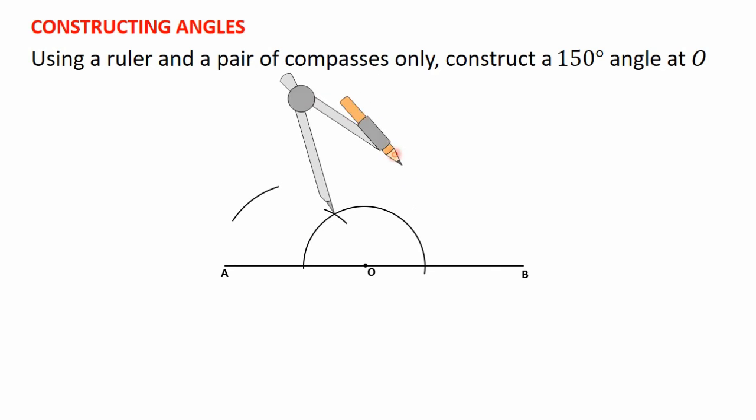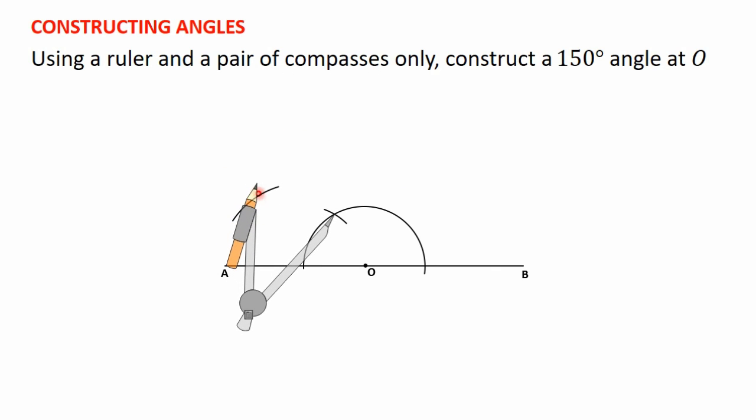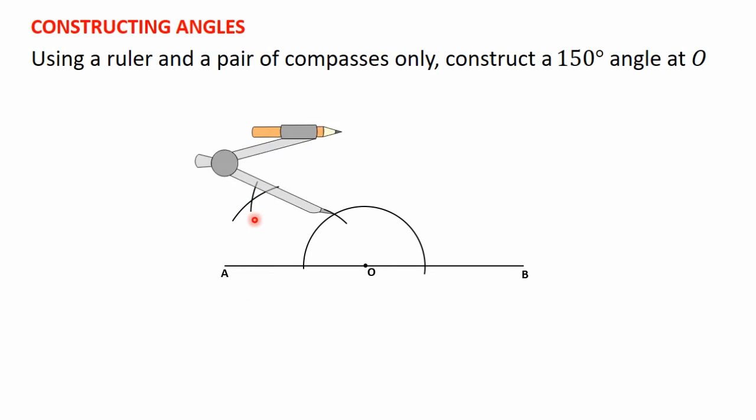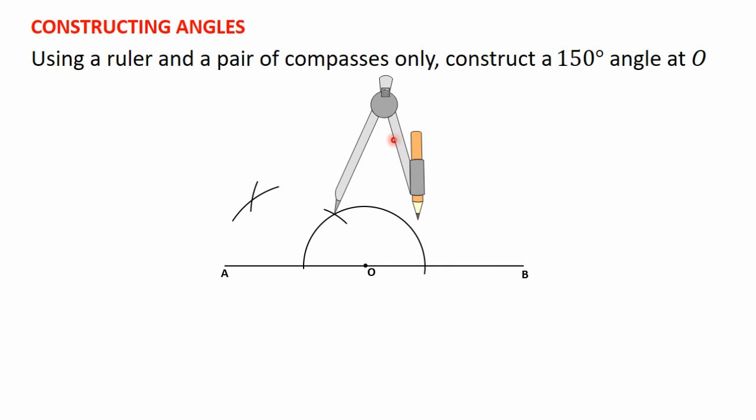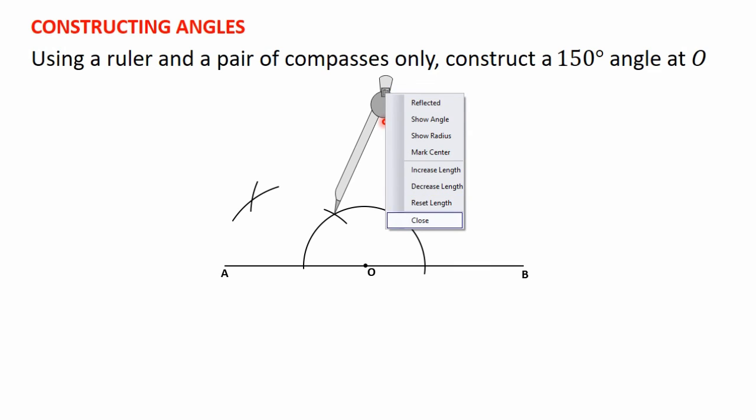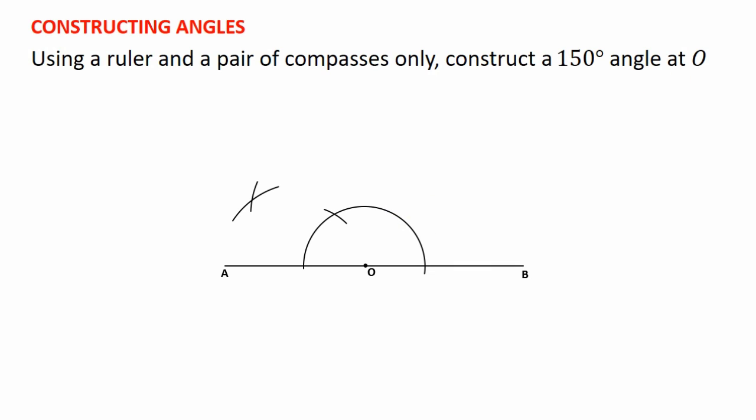Then you turn it and construct an arc to intersect the first arc that you constructed. We are done with the compass, so I'm going to take the compass off. After that, I will clean the excess parts of the arc. So I'll clean them so that you see it very clearly.